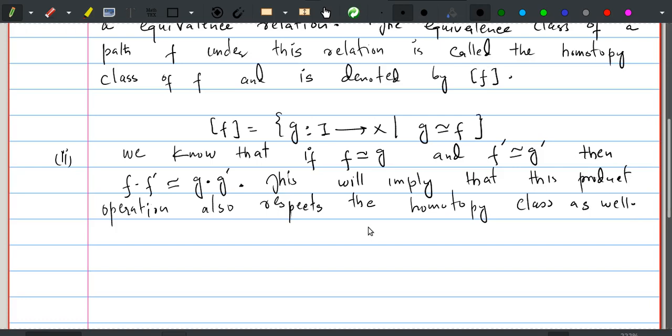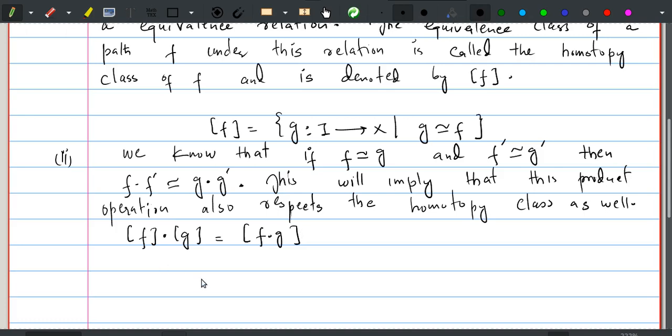So this means that if we have two homotopy classes [f] and [g], then their product is defined as the equivalence class of the product of f and g.